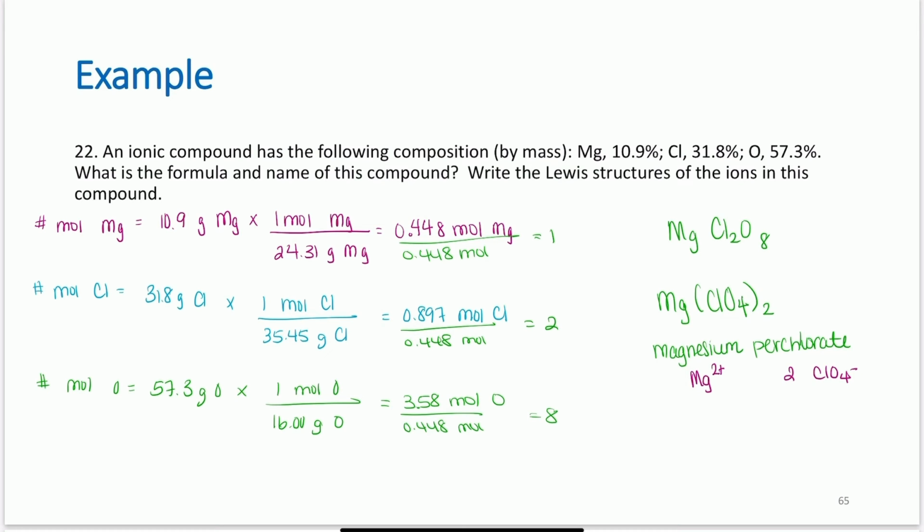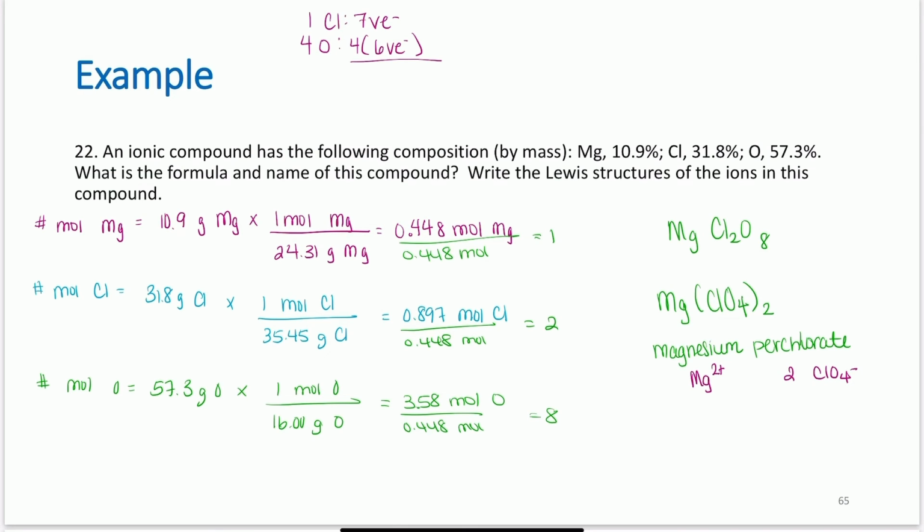But the perchlorate, ClO4-. So I've got, let's see, 1 chlorine, 7 valence electrons, 4 oxygen, 4 times 6 valence electrons. So what, 24 plus 7.